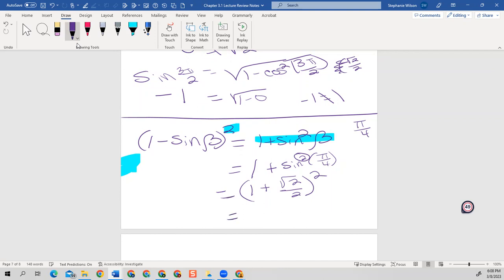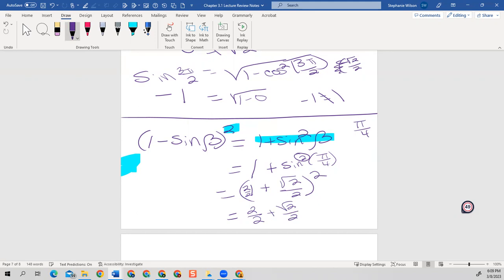But anyways, now I'm going to clean up the middle, right? If it can clean up, let's clean it up, and then we have that square going on. Or you can distribute either one, but I'm going to clean it up. In order to add 1 plus this fraction, we have to have a common denominator, and I notice it's 2, so I'm going to have 2 over 2, right? So now I have 2 over 2 plus the square root of 2 over 2.